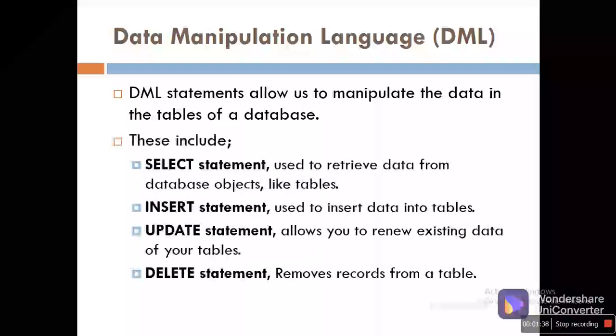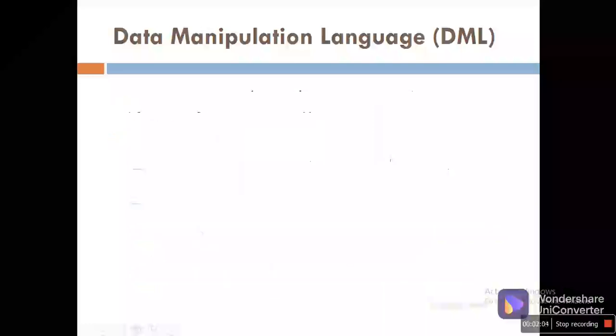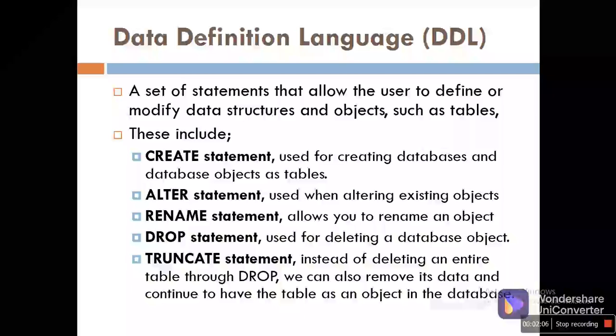These include things like, I'll start with the insert. This one will create the data, to insert the records into the table. I think I mentioned this in the discussion we had on Zoom. And then update will make changes. It allows you to renew existing data, that is, to make some changes in the data. Update is different from the alter that I mentioned in the data definition.